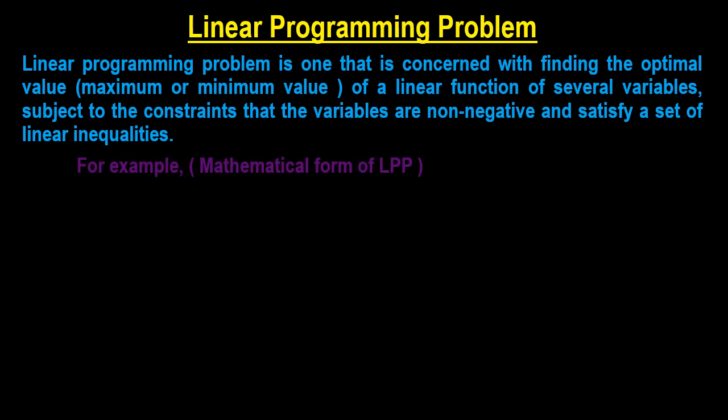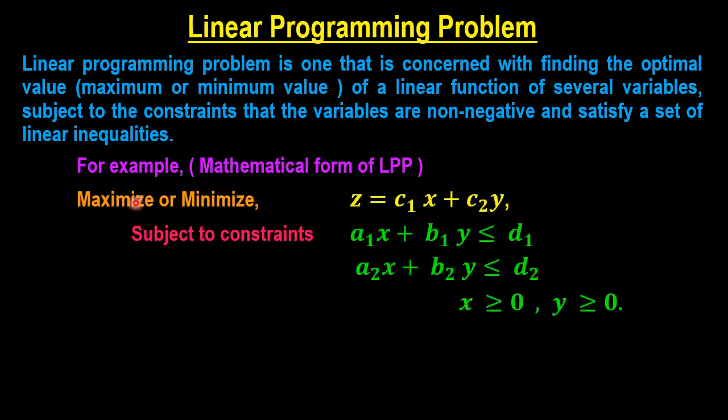So for example, the mathematical form of a linear programming problem will look like this: maximize or minimize. So either you have to maximize or minimize z equals c1x plus c2y. So this x and y are the variables and c1 and c2 are the constants.